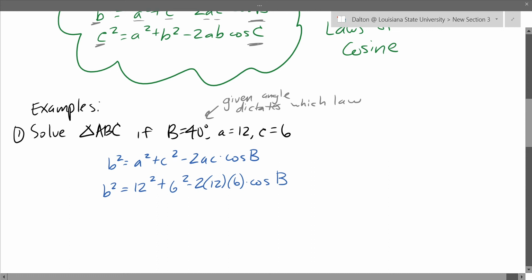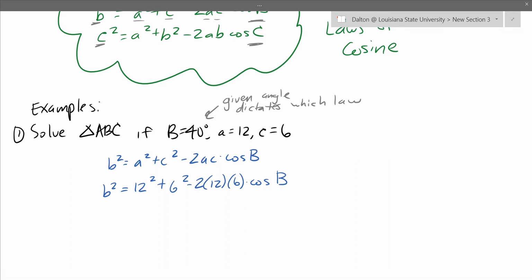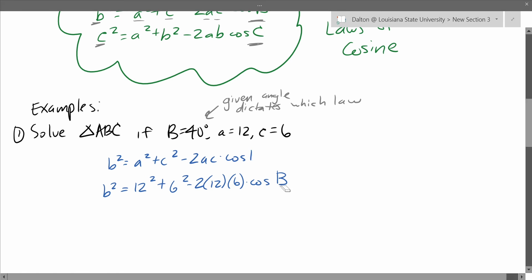So let's simplify this as much as we can. Oh, wait, cosine of b, we actually know b, that's why we chose this, silly. So cosine of angle B is 40 degrees.